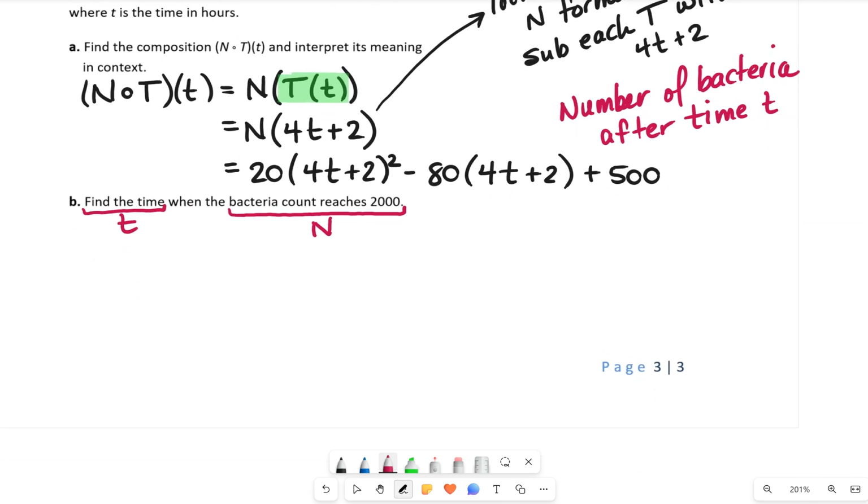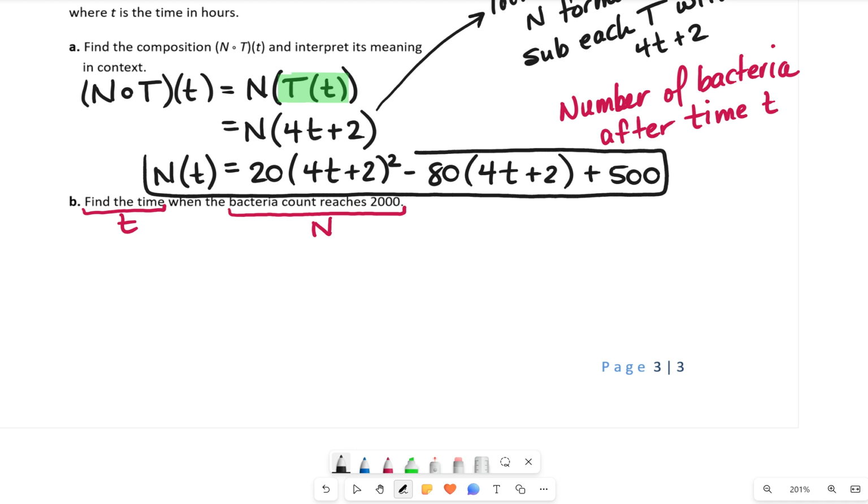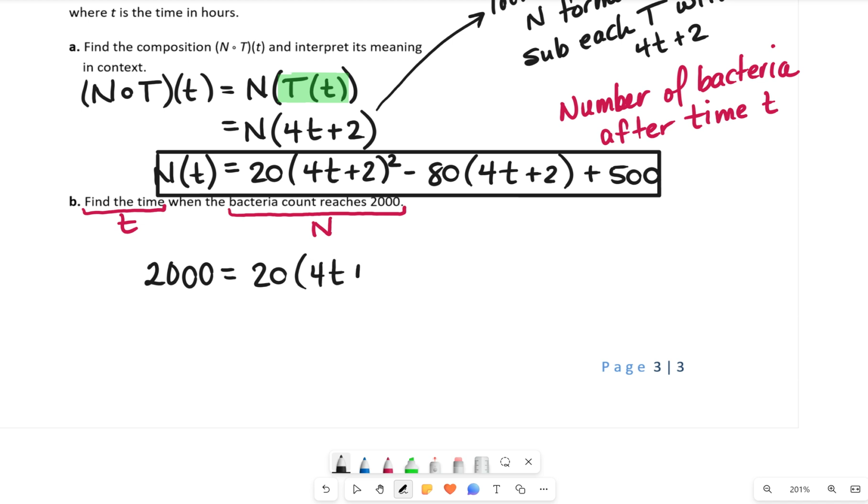Our formula, the one we just came up with, is n of t right here. This formula is what we're supposed to use to find t. They're telling us that the number of bacteria is 2,000, so I'm going to substitute n with 2,000 and set it equal to the formula, and I have to solve for t.